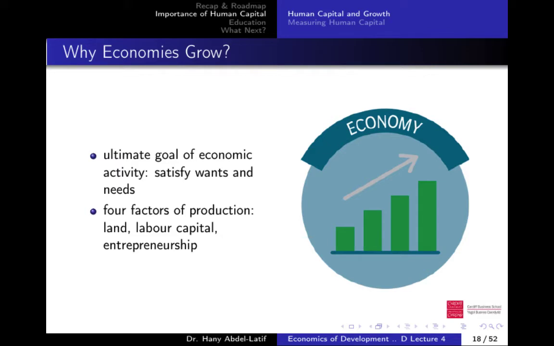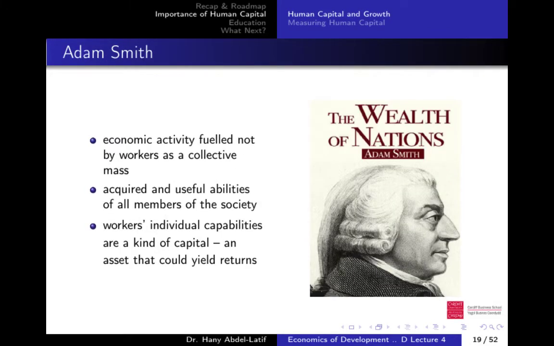So this has been realized since Adam Smith. Adam Smith, in his writings, always said that economic activity is fueled not by workers as a collective mass, but through the acquired and useful abilities of all members of the society.